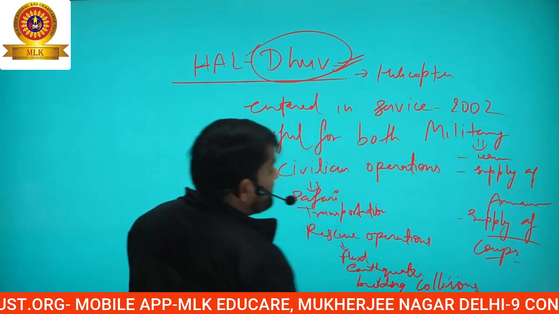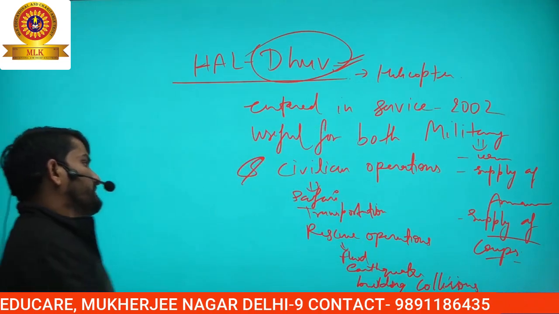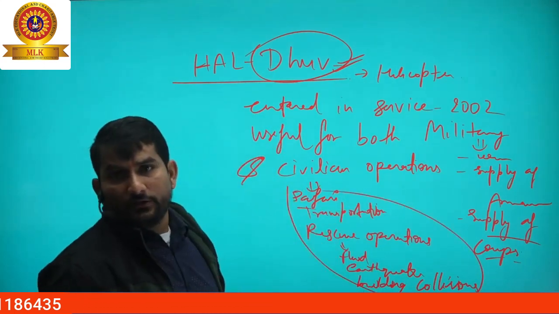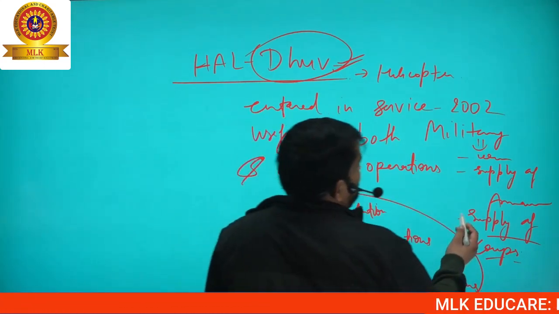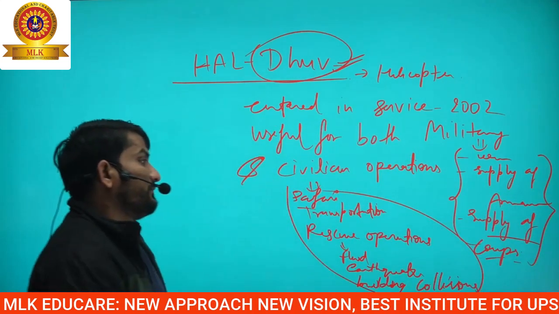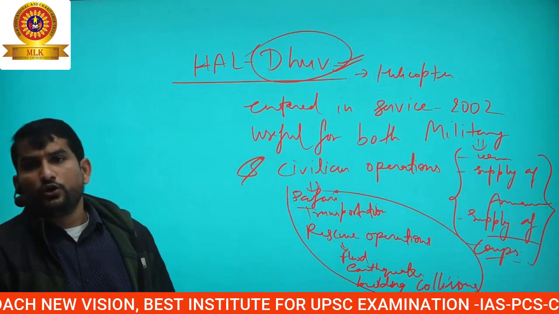So these are the civilian operations, and these are the military operations like the supply of armaments and troops.